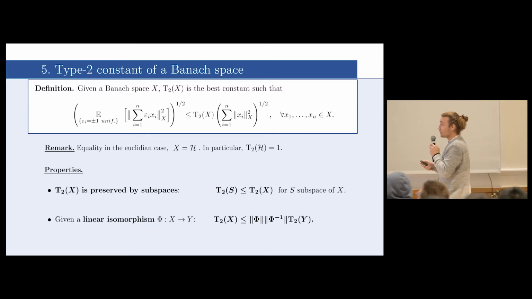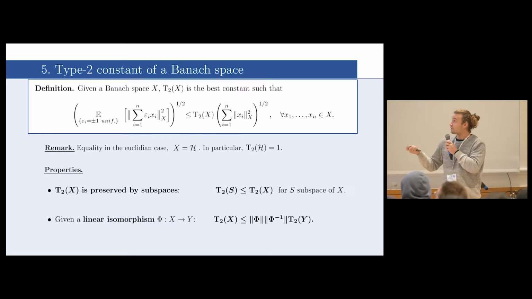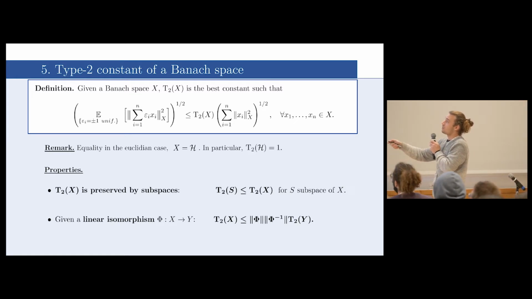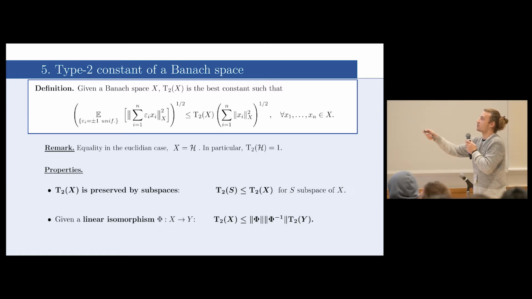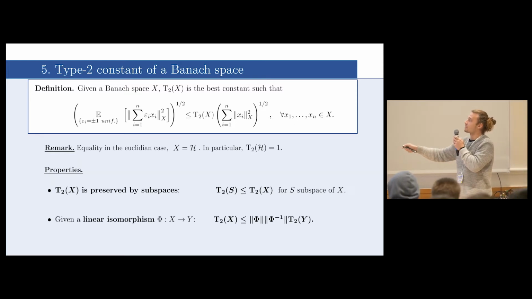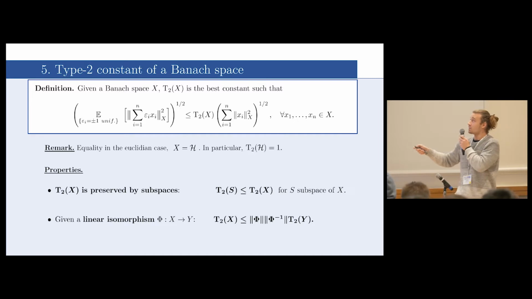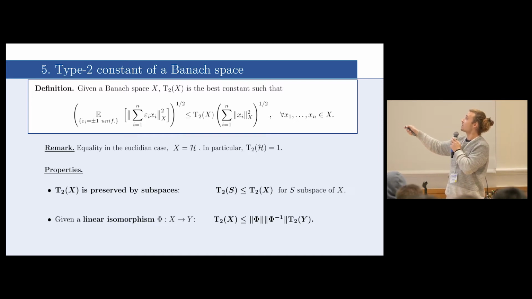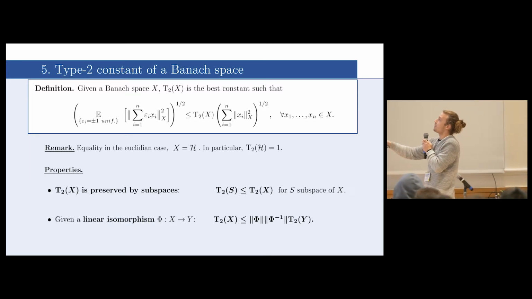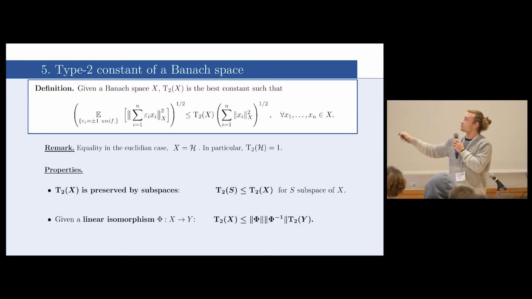So once I introduce that, to conclude the proof, I just will need two properties of this constant, which readily follow from the definition I gave you. The first property is that these type 2 constants are preserved by subspaces. So if I consider a subspace of my Banach space X, then the type 2 constant of the subspace must be lower than the type 2 constant of the space.